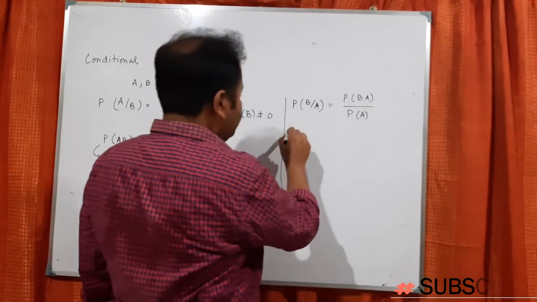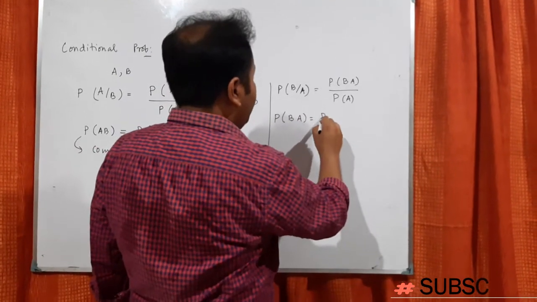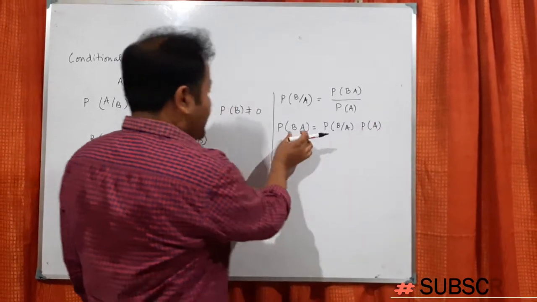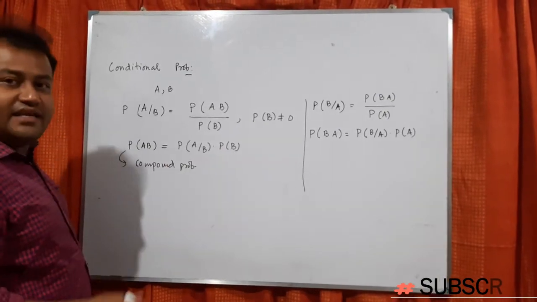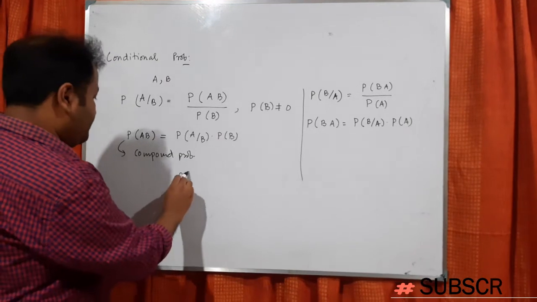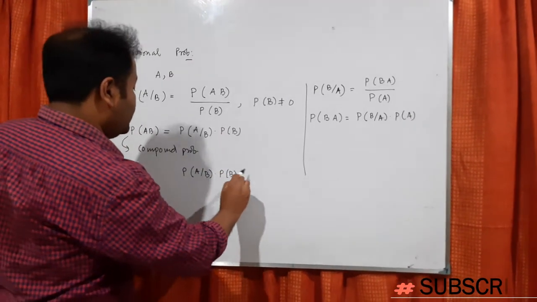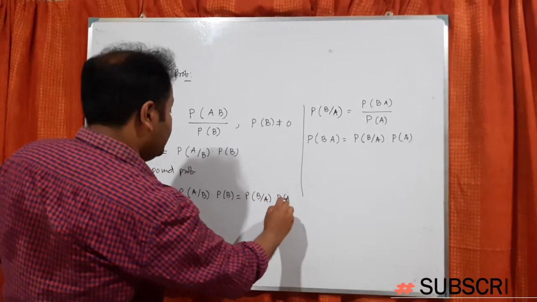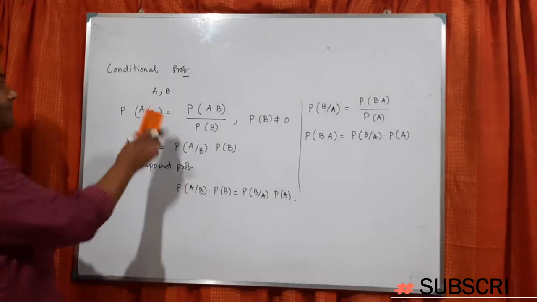So P of BA equals P of B by A into P of A, and BA and AB are the same thing, A intersection B and B intersection A are exactly the same. So basically these two are equal. So what we get? P of A by B into P of B equals P of B by A into P of A. Fine. So this is one of the important things.